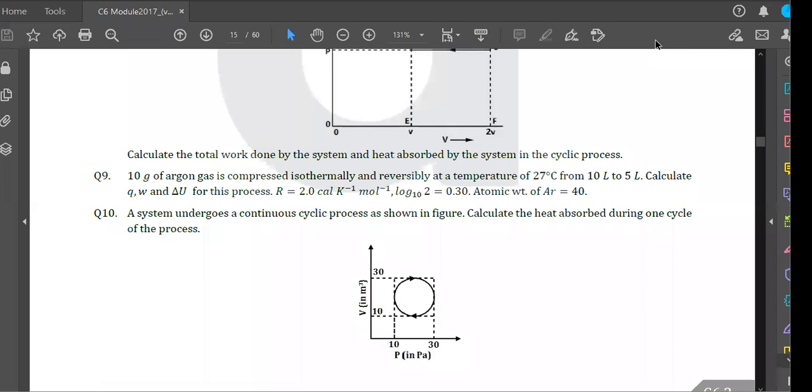And I explained everything. What is the meaning of a cyclic process? Why delta U is 0 in a cyclic process. Okay, so I won't be responding to these kind of questions if you're not putting any effort, if you're not even answering the same question that I asked you only a couple of days back. Okay.